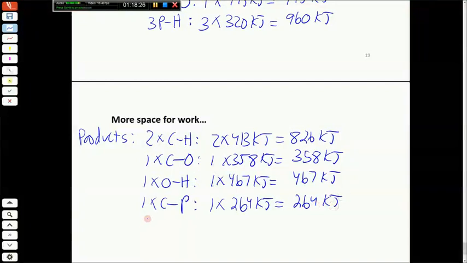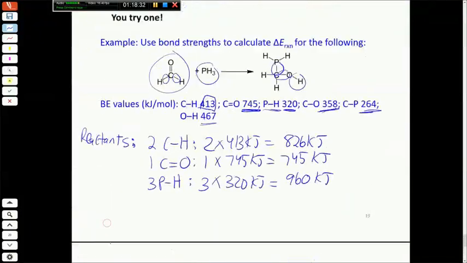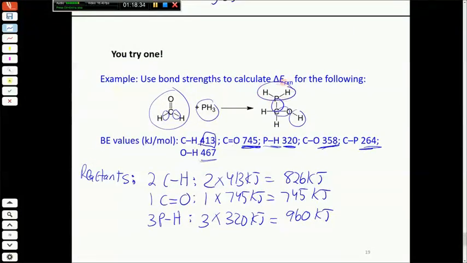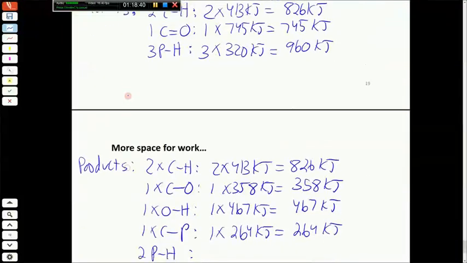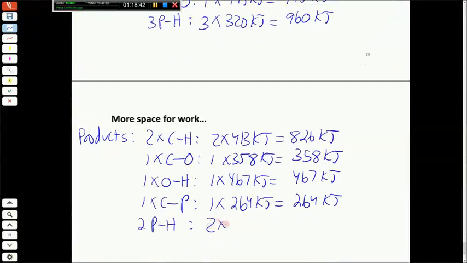And then finally, the last thing we have are 2 phosphorus-hydrogen bonds left in the product. So there's the structure of the product, 2 phosphorus-hydrogen bonds. Each of those, we already used that number, is 320, but now there's only 2 of them in the product. So 2 times 320 is 640 kilojoules.